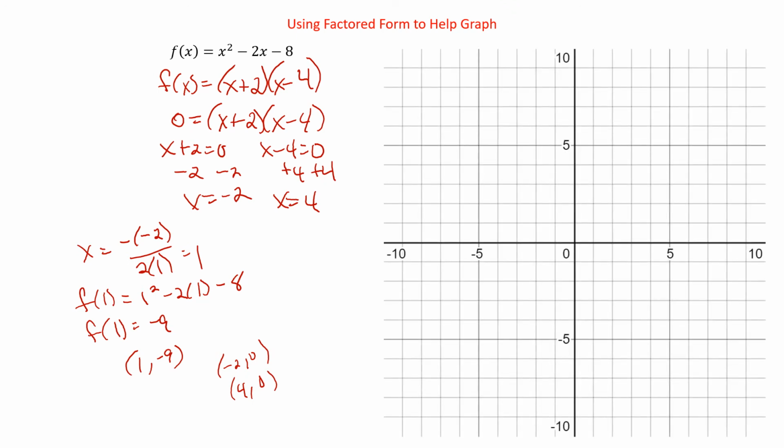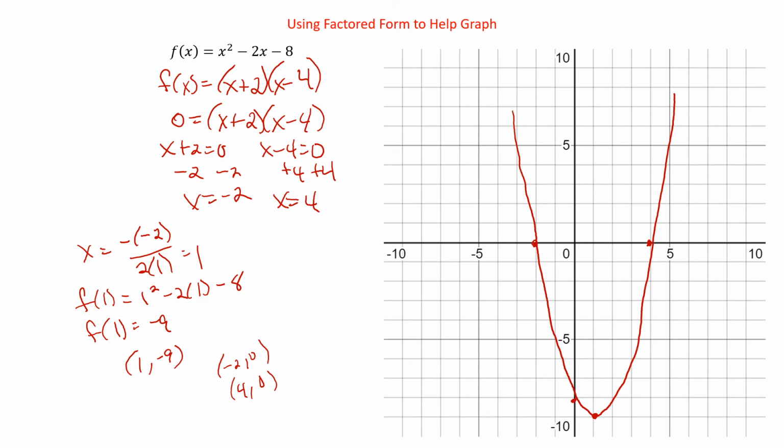So we have 1, negative 9, and then negative 2, 0, 4, 0, and we can graph. We didn't have to make a table and find a bunch of other points. We could have found the y-intercept.